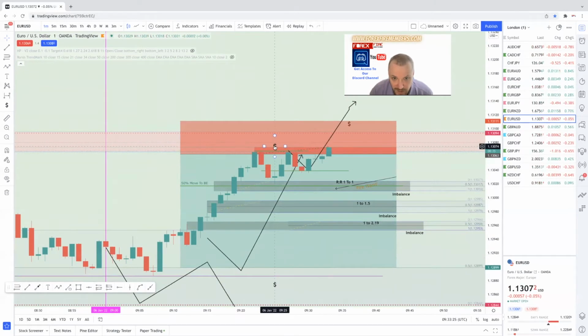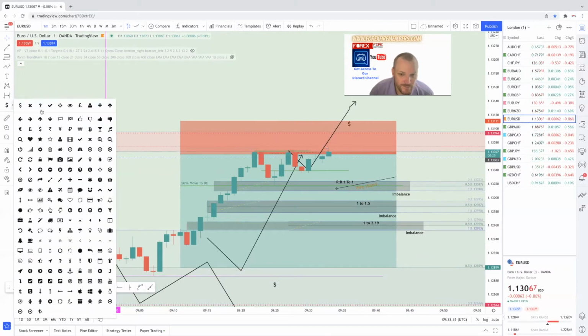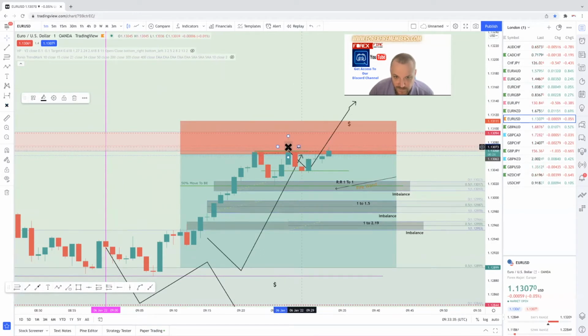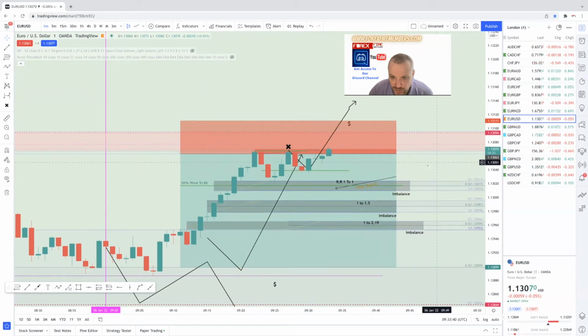Here comes a move now. That's being taken out. So there's your liquidity being taken out. It's going to run to make a new high.